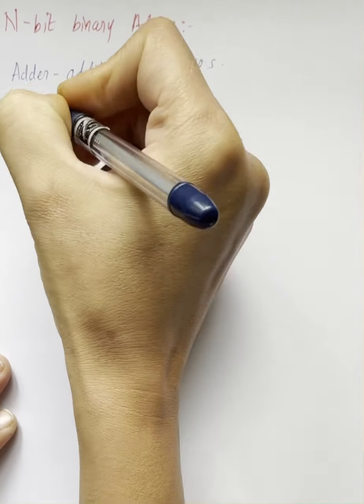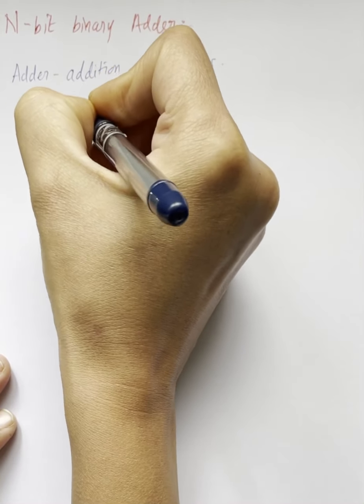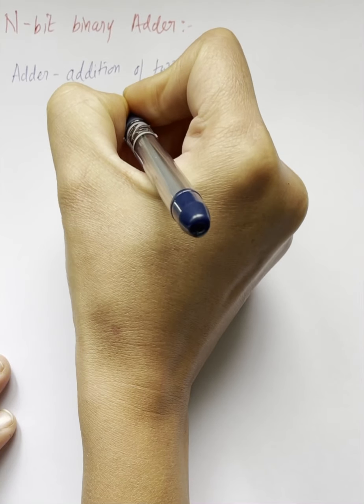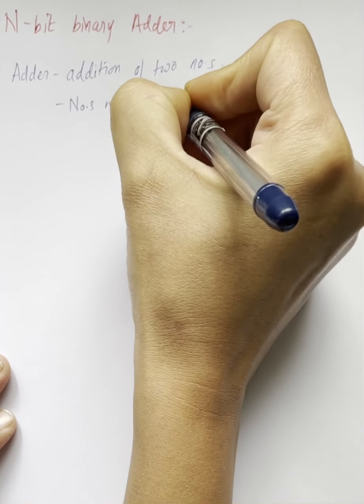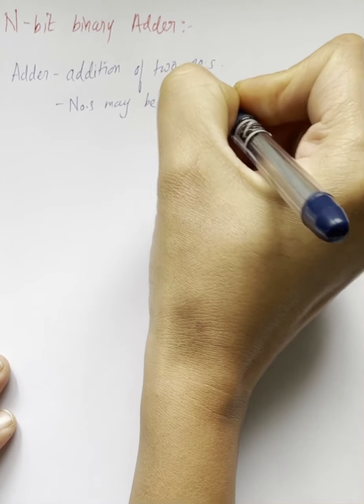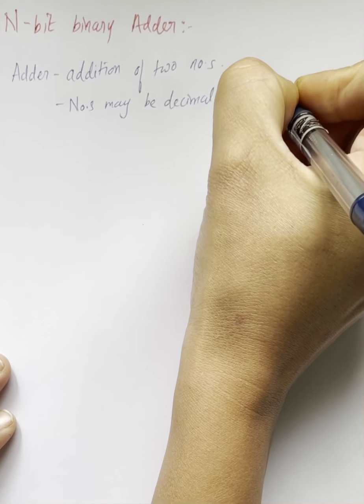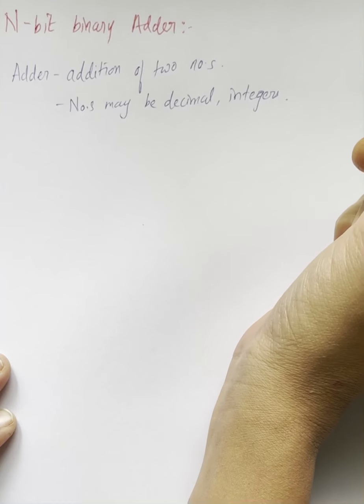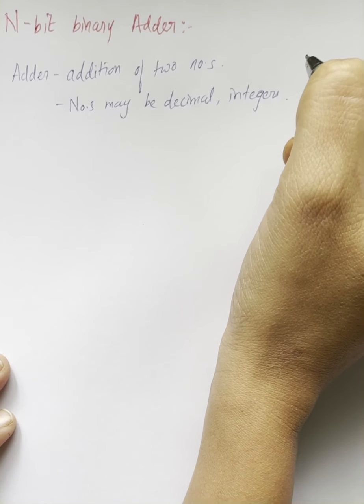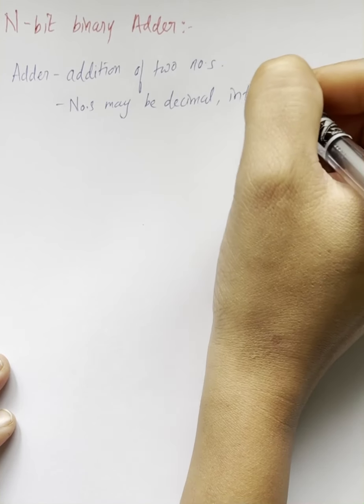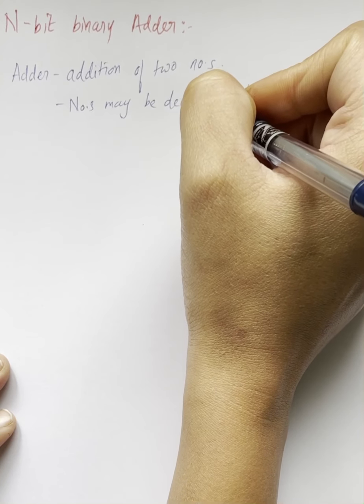So those numbers may be decimal numbers or integers, right? So in general we are just performing addition of integer numbers or decimal numbers, right?